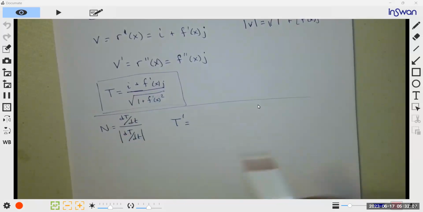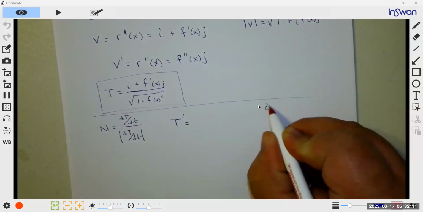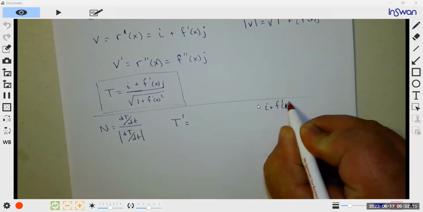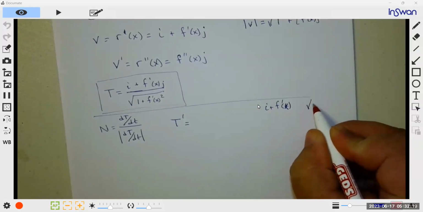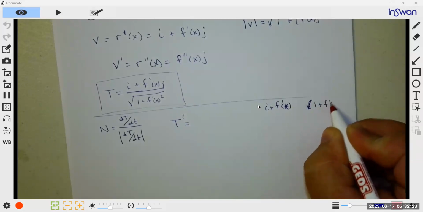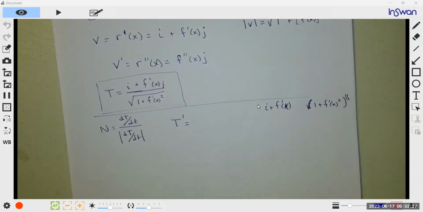We have a quotient rule, and the denominator, make it 1 plus f prime of x squared to the power 1/2.